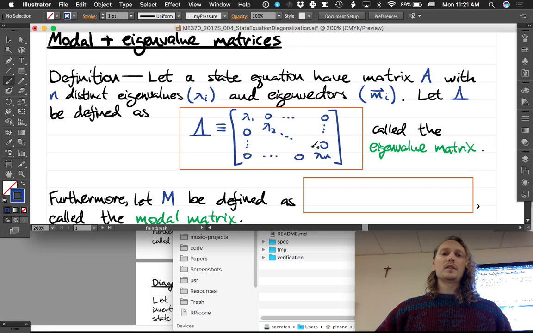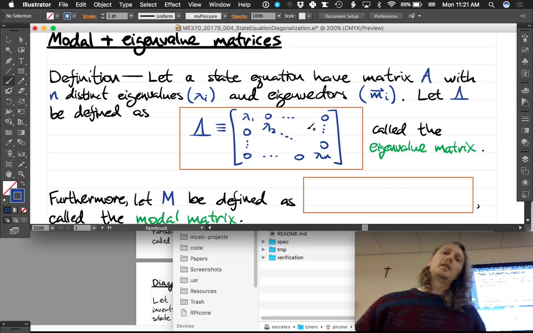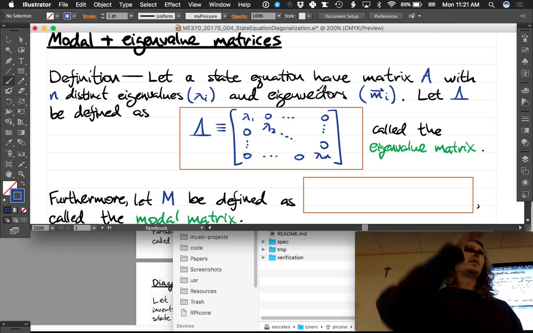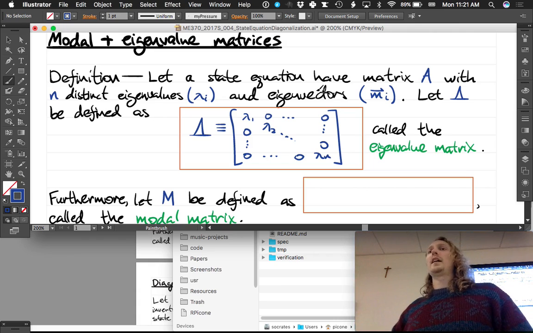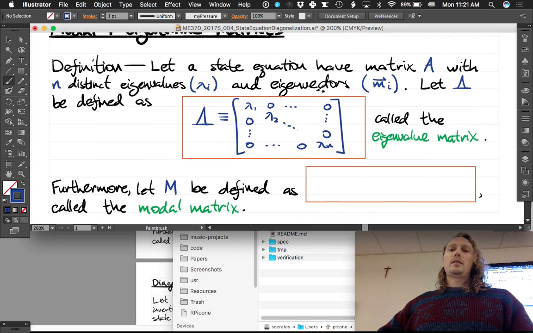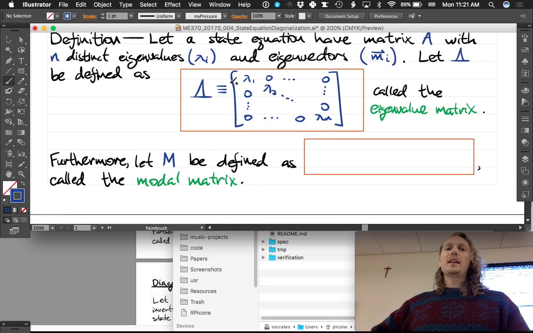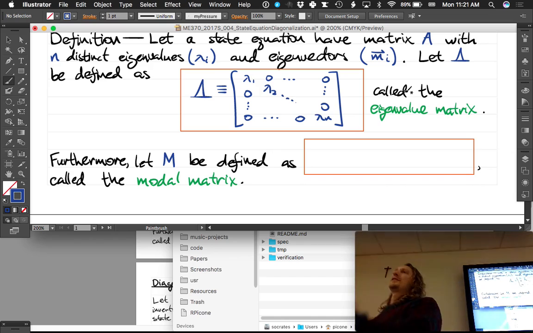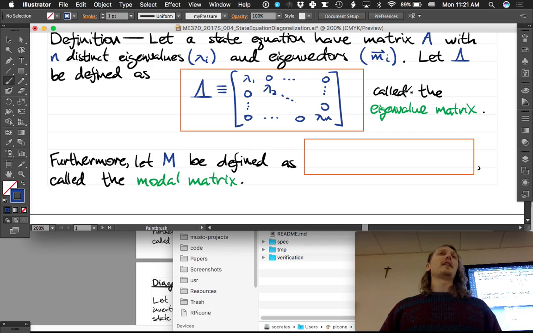So everything else is a 0, but on the diagonal, we have the eigenvalues. There are n eigenvalues, so there are n of them along the diagonal. We call this the eigenvalue matrix. It kind of makes sense. We use capital lambda for the matrix, little lambda for the eigenvalues, and they just go along the diagonal.